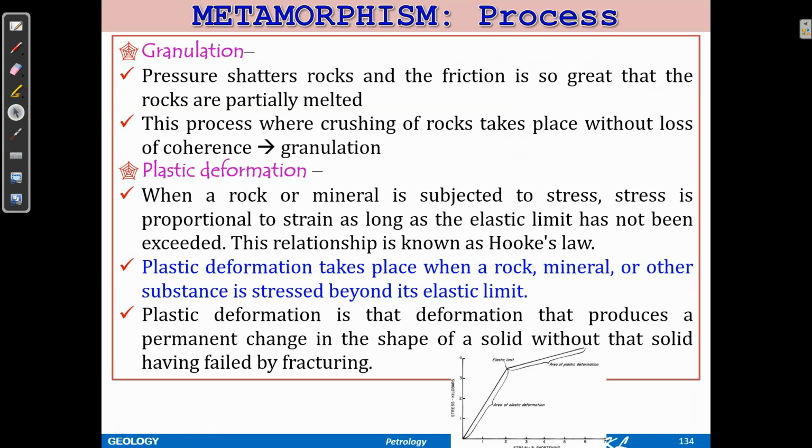It means this rock is basically changing into another type of rock. After crushing, it becomes a metamorphic rock due to the pressure, which crushes the rock, and the temperature created due to the friction. And this process is called granulation.